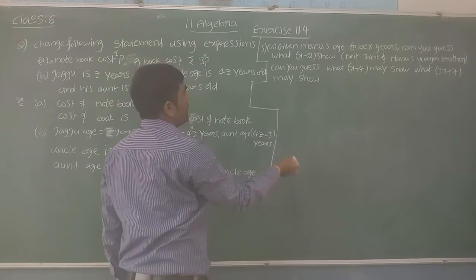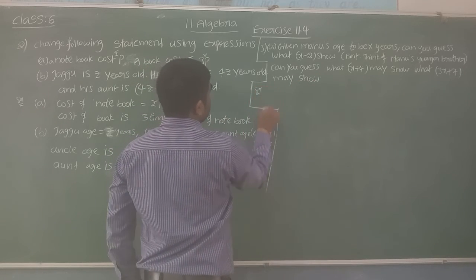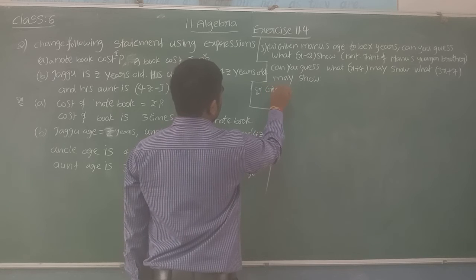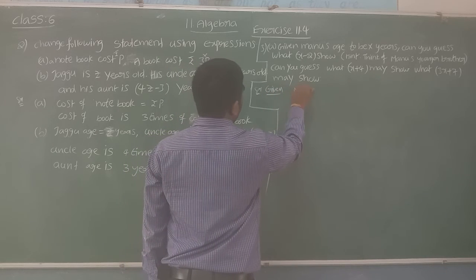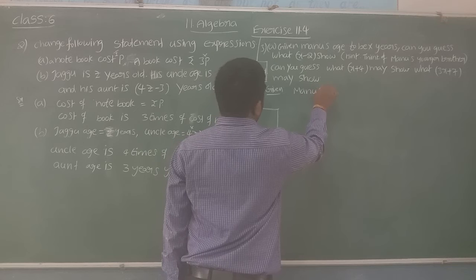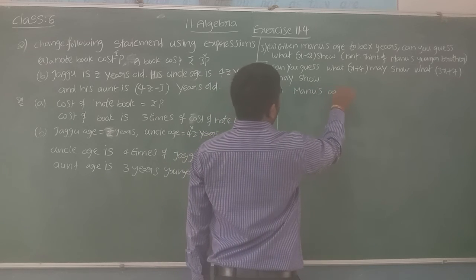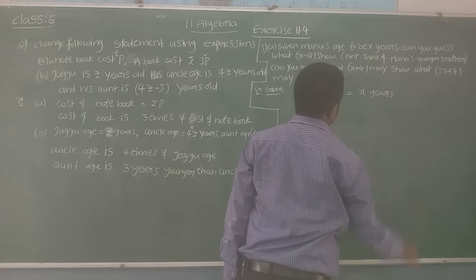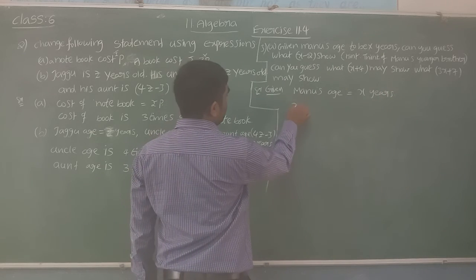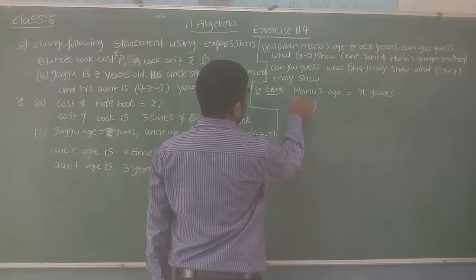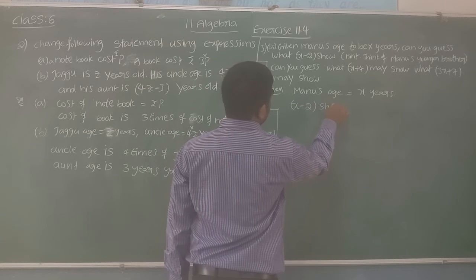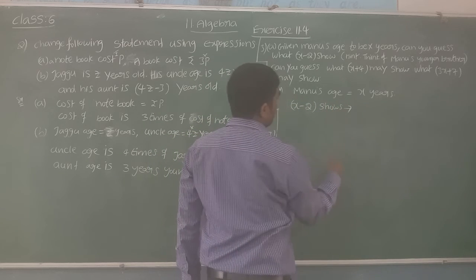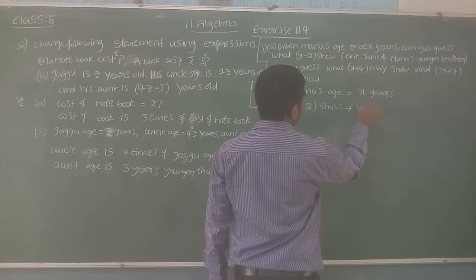Yes. Now we will write this as a statement. You can see a better solution. Given Manu's age is equal to how many years? x years. And they said here x minus 2. So we can write x minus 2 shows the younger brother's age.